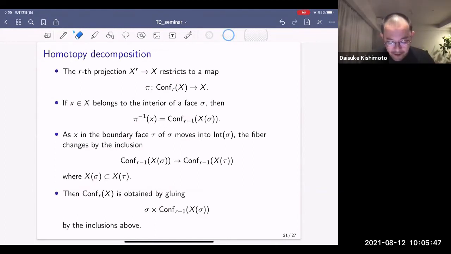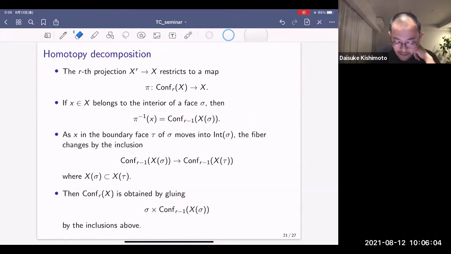So the fiber depends on its location in X. But these fibers behave very nicely like this.